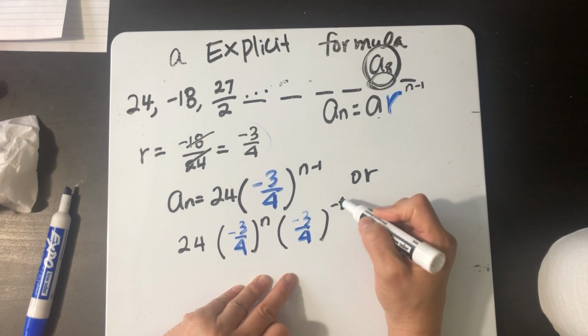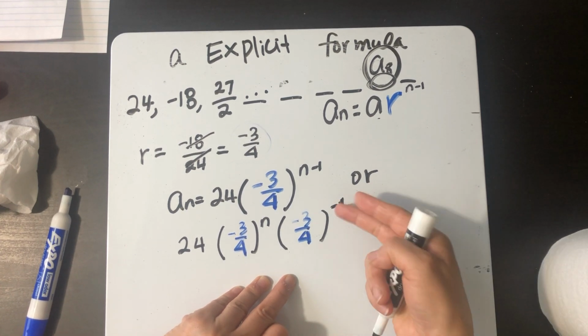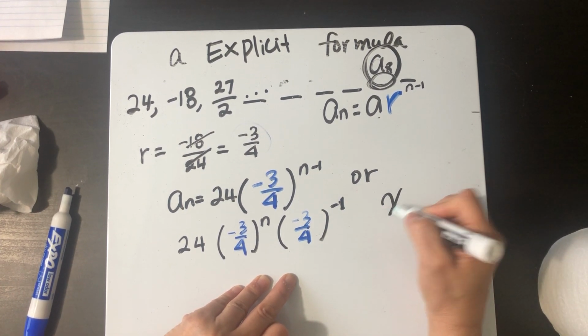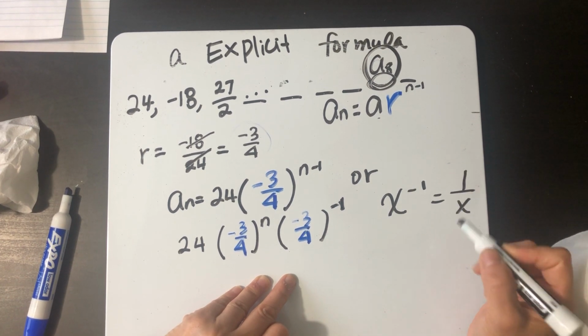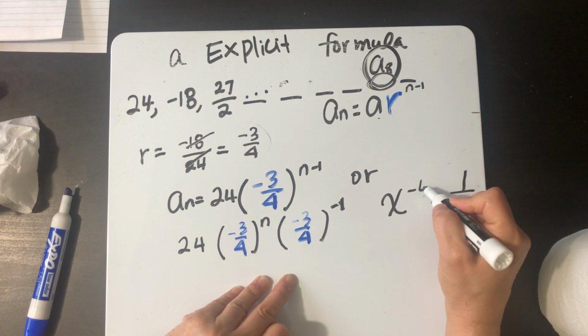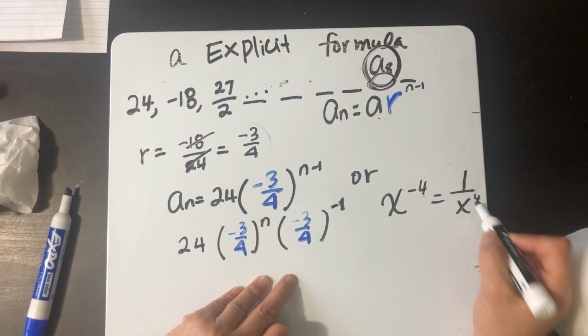Negative 1 exponent means, if you have x to the negative 1, this is the same thing as 1 over x. If you have x to the negative 4, the same thing as 1 over x^4.